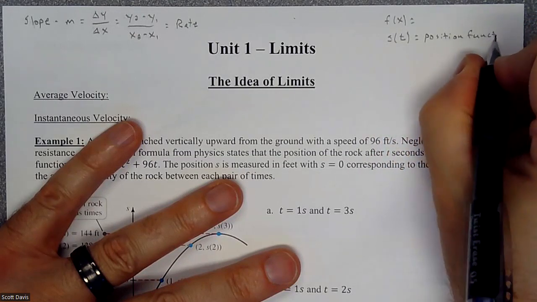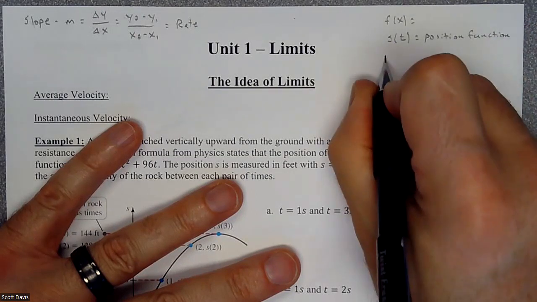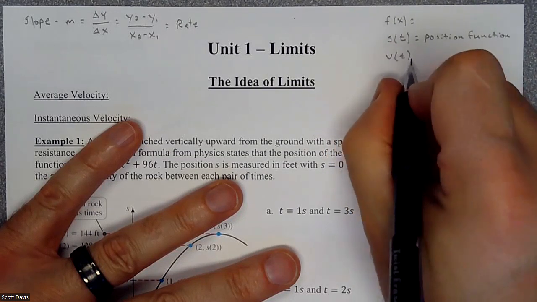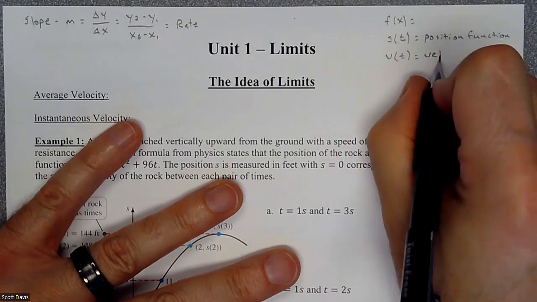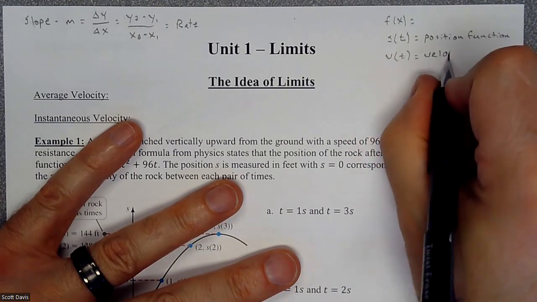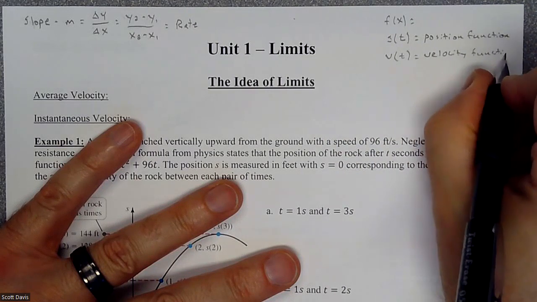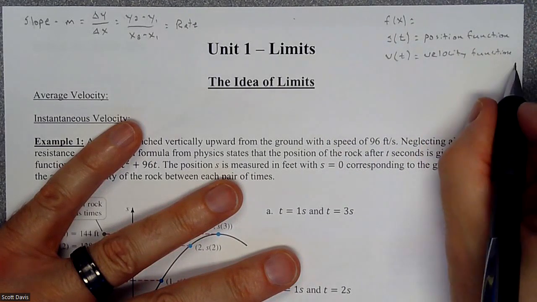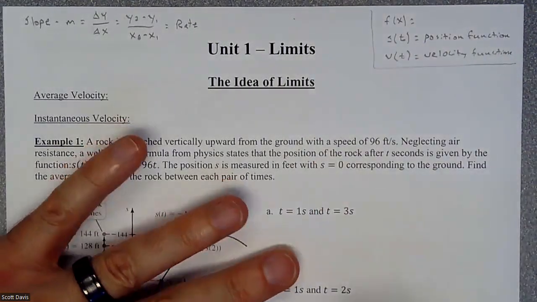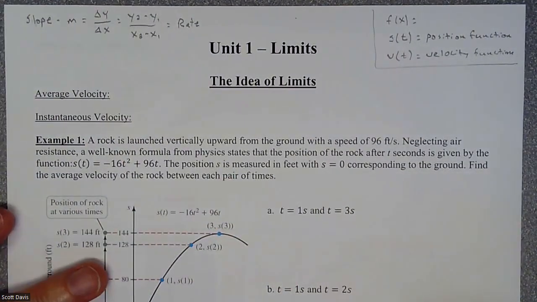And then we have one more, v of t, or v at t, is your velocity function. Just because that stuff is going to come up from time to time, we want to make sure that we're okay with the terminology.